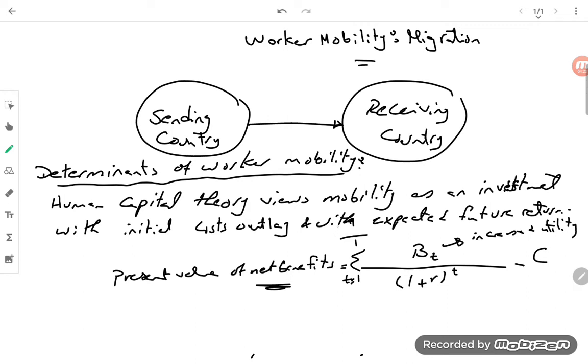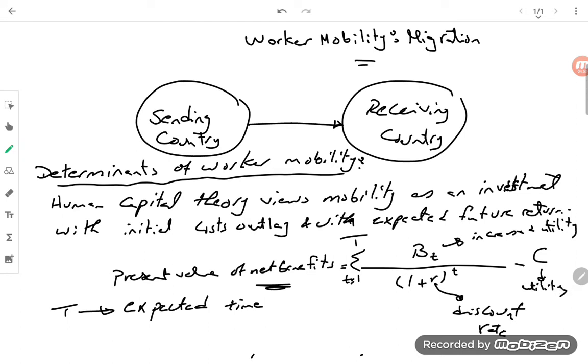T is the expected time that you have to live in the new location or work in the new job, etc. R is the discount rate, and C is the utility lost in your home or initial country or job, even if it is a psychic cost.